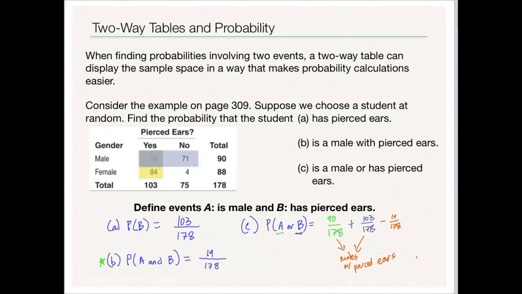Because that 19 out of 178 got counted in both of those initial ones, and we only want it counted once, right? So we're going to subtract off one occurrence of that, which is then going to give us our final answer. So 90 plus 103 minus 19. And that's going to give us the 174 out of 178. Does that make sense?